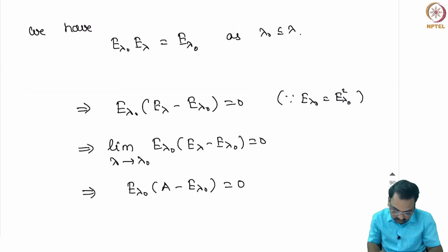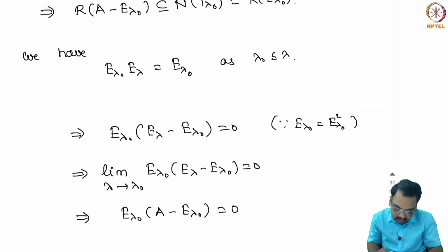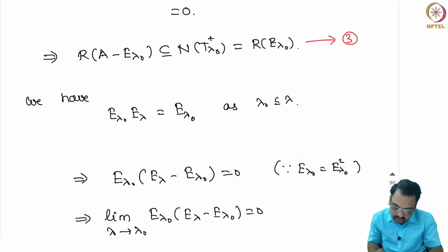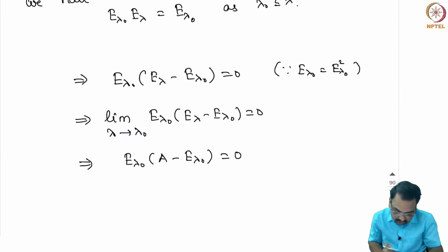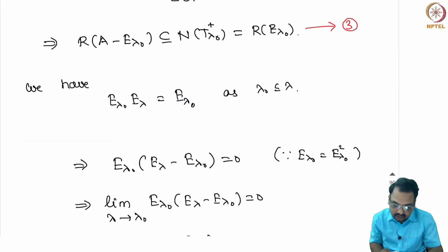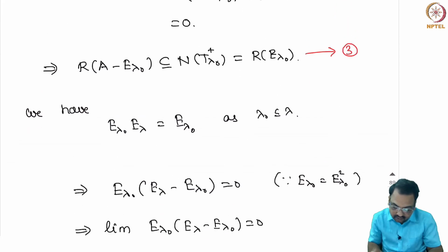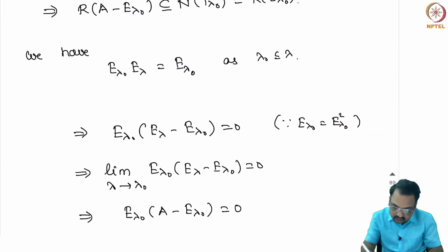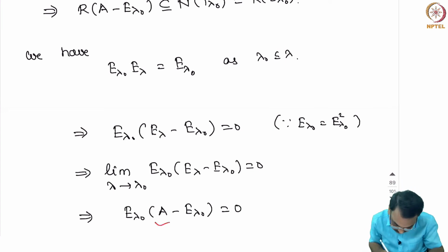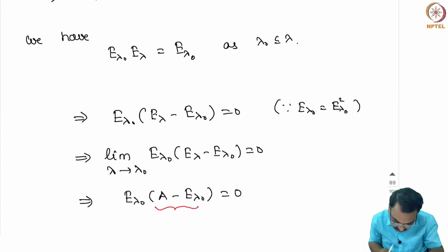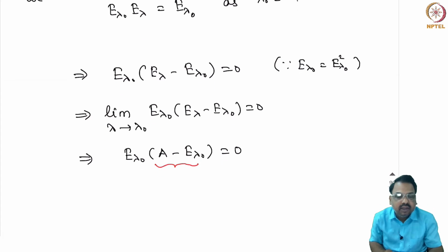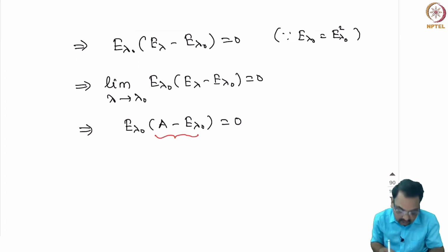Okay. But we know by inclusion 3 that the range of A minus E lambda naught is contained in the range of E lambda naught. So the range of this is contained in the range of E lambda naught. That means on the range of A minus E lambda naught, E lambda naught acts as an identity operator.